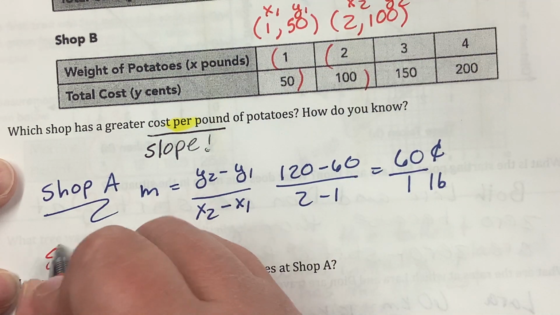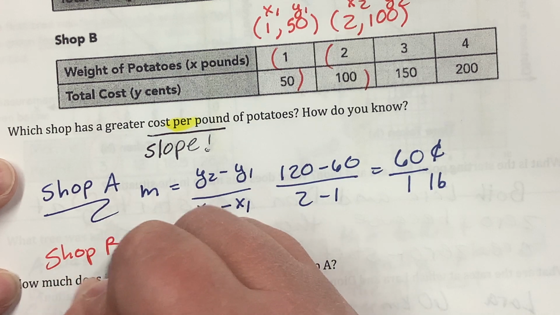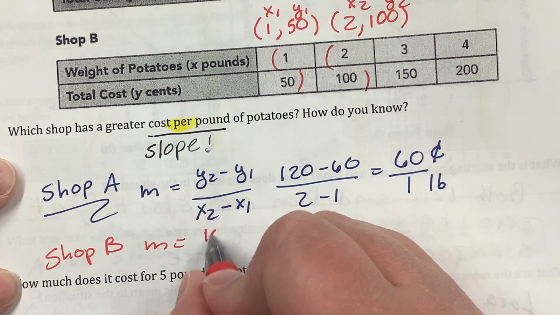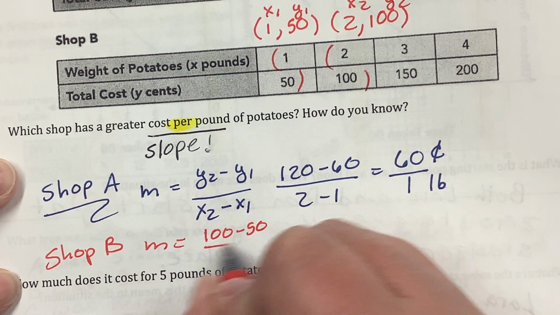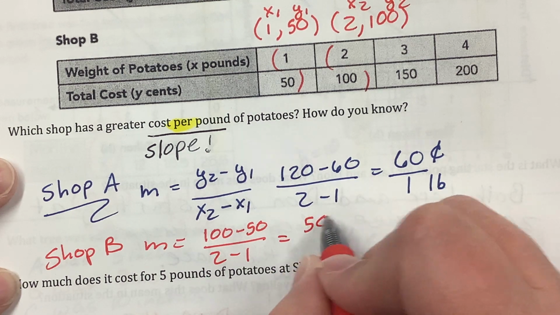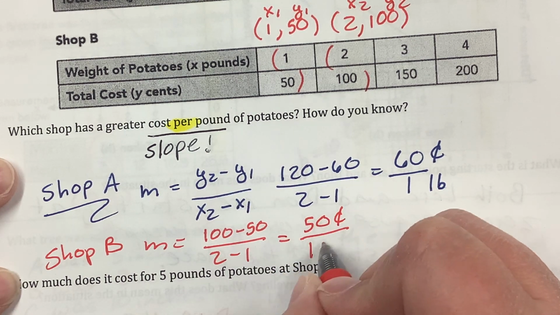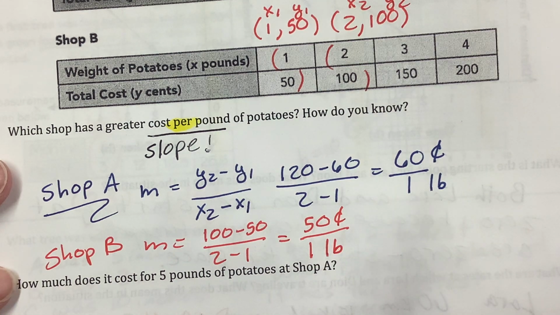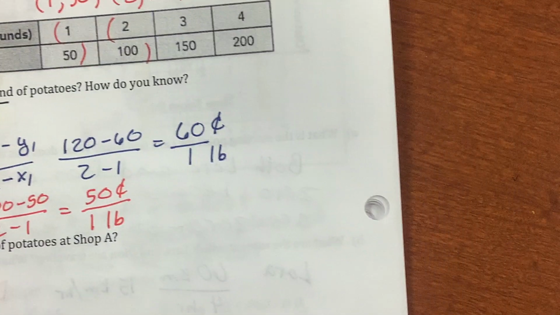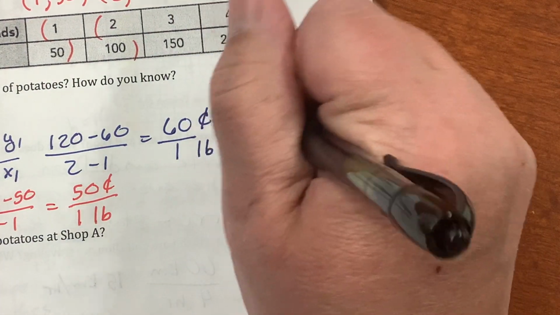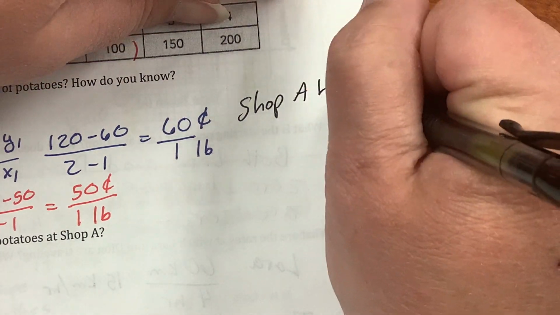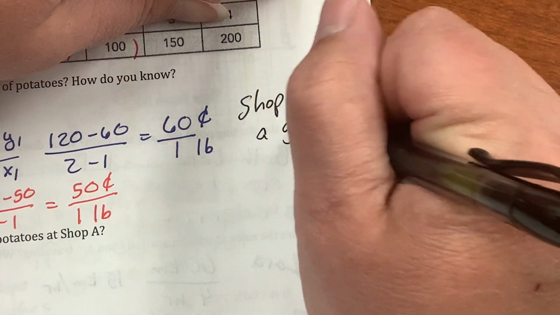So shop B, m equals 100 minus 50 over 2 minus 1, and you get 50 cents per pound. Which one has the greater cost per pound? Shop A. Shop A is more expensive. Shop A has a greater slope.